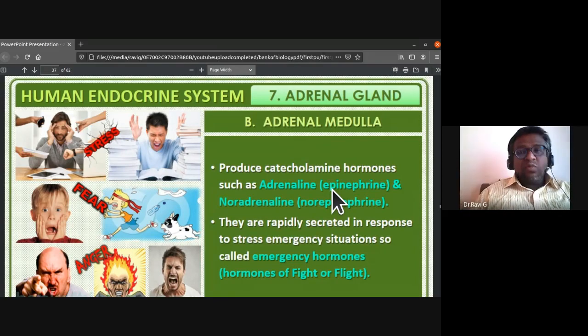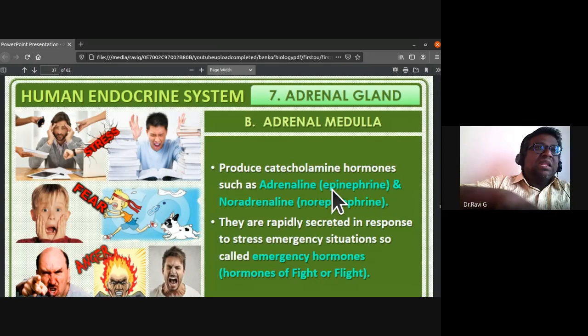They are catecholamine hormones. Two of them are there: adrenaline, or epinephrine, or the 3F hormone, or emergency hormone, and noradrenaline, which we call norepinephrine. The exact opposite function of adrenaline is done by norepinephrine.